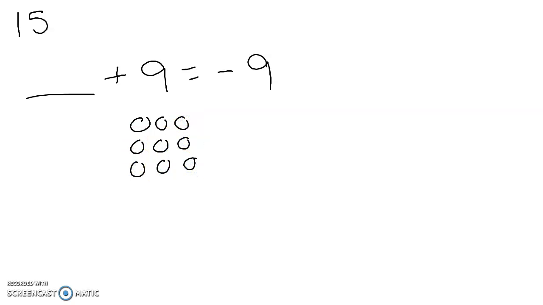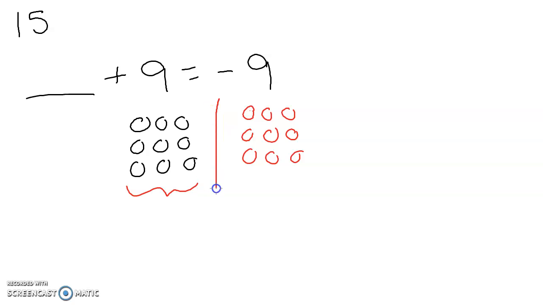And then I have 9 negative chips over here. So somehow I have to get all of these positive chips crossed out because there are none over on that side. So these all have to go away.